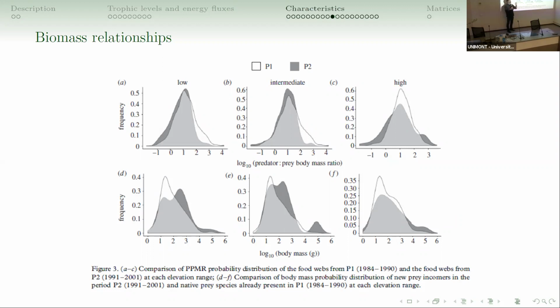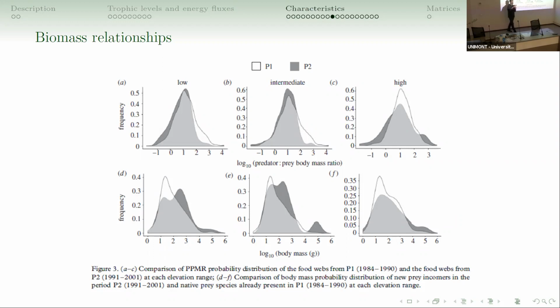For all the species that live at the low elevation, we divide the mass of the predator by the mass of the prey, one trophic level and the one below, for all the pairs of predator-prey species. No, the high, this is elevation, so meters above sea level. So we divided the mountain in 3 sections.